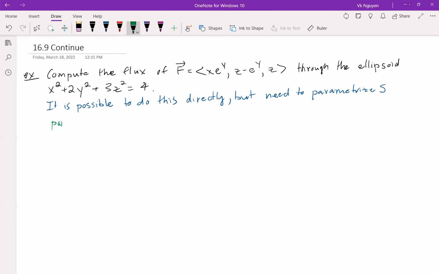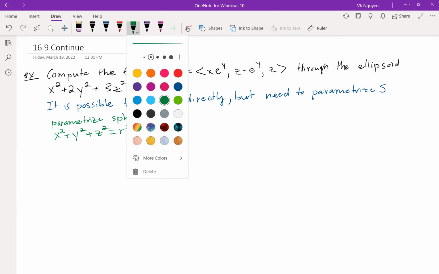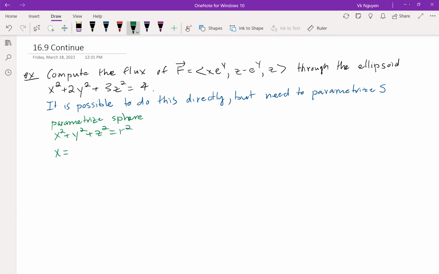Here's how you parameterize a sphere. A sphere is x squared plus y squared plus z squared equals r squared, right? Hopefully everybody knows this. x equals r sin phi cos theta, y equals r sin phi sin theta, z equals r cos phi.